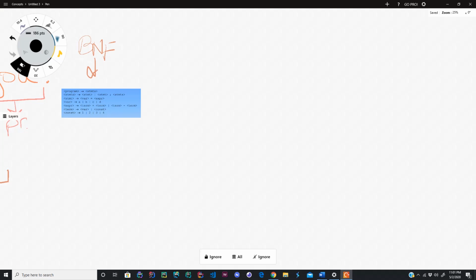For example, there are two ways of describing this syntax. You have the BNF form and CFG, and then you have the extended BNF. We're really only going to go over BNF and extended BNF.